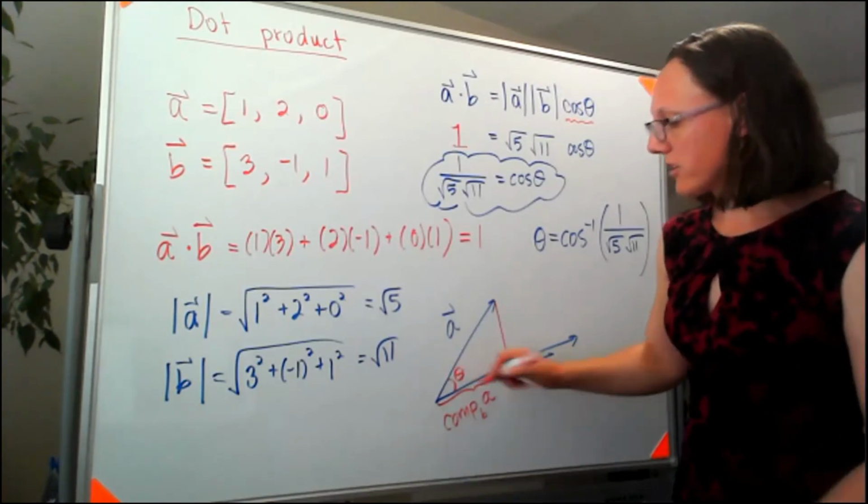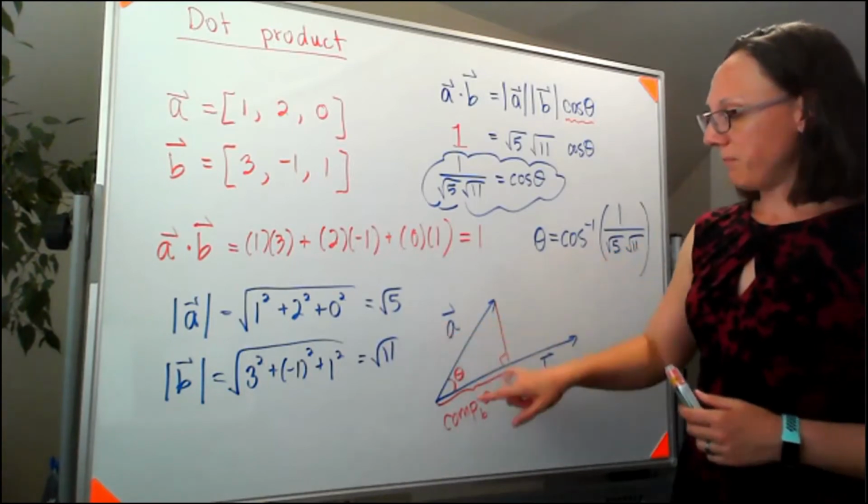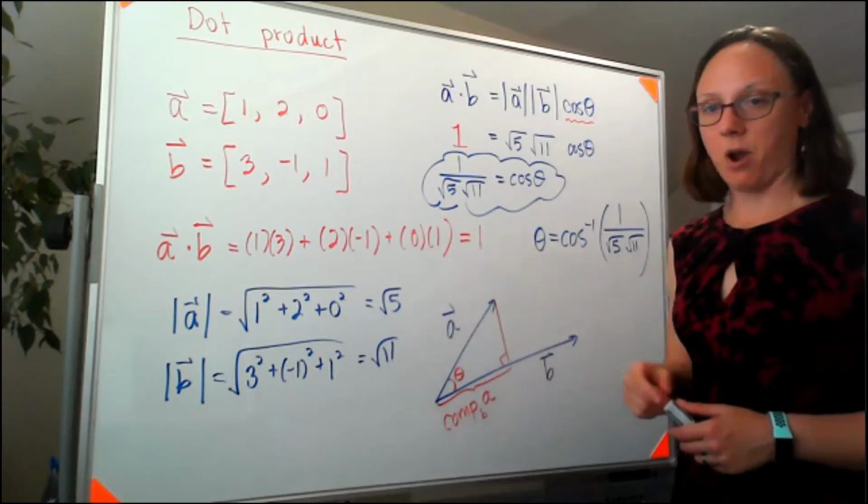Here's theta. We're really looking at the length of these two sides, the adjacent and the hypotenuse.